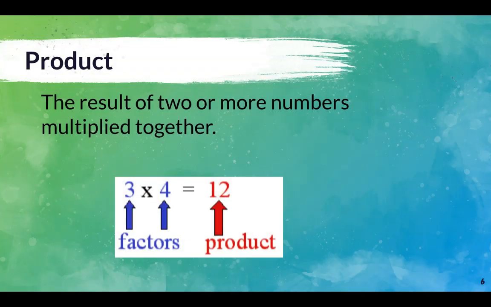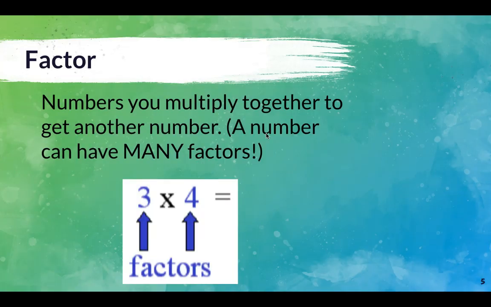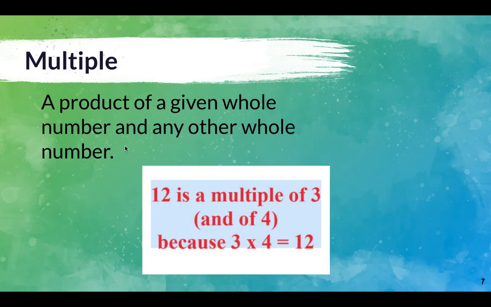And again, that is where I'm getting it from the factor, where it says a number can have many factors. That is why 12 is a multiple of 3, 12 is a multiple of 4, 12 is a multiple of 6, 12 is a multiple of 2, 12 is a multiple of 1, 12 is a multiple of 12, because I can multiply 2 of those numbers together in order to get 12.